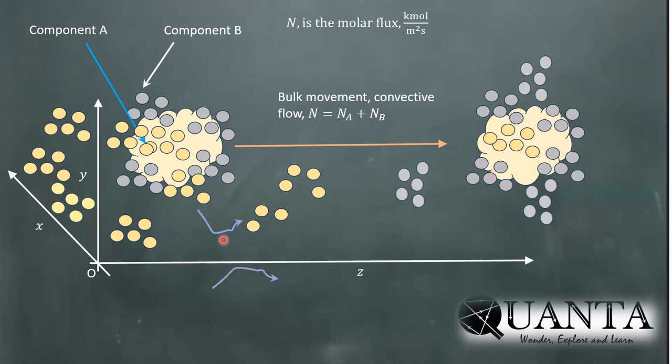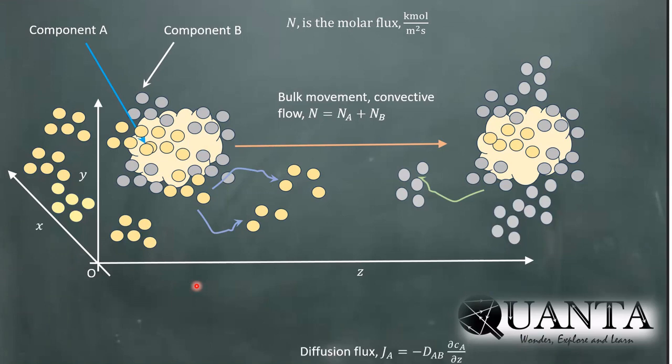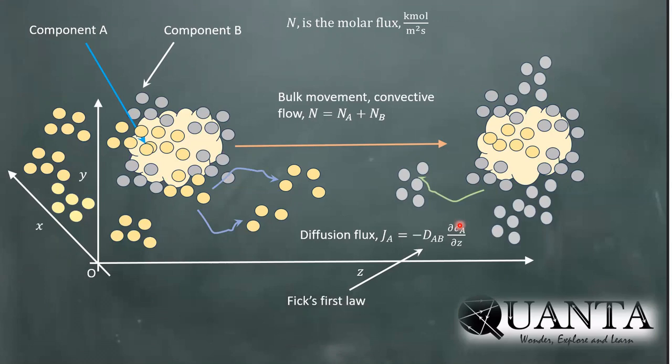Similarly, component B has a lower concentration to the left, so they will diffuse to the left-hand side. This is called the diffusional flux. We have shown here the diffusional flux for component A, which is diffusing from left to right. And that was our Fick's first law. So now we identified two fluxes. One is absolute, with the stationary observer measuring it, and the second is the diffusional flux due to diffusion.